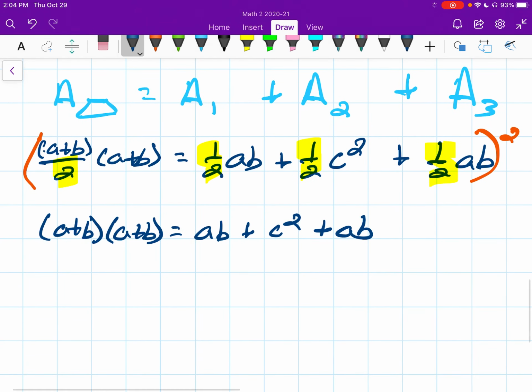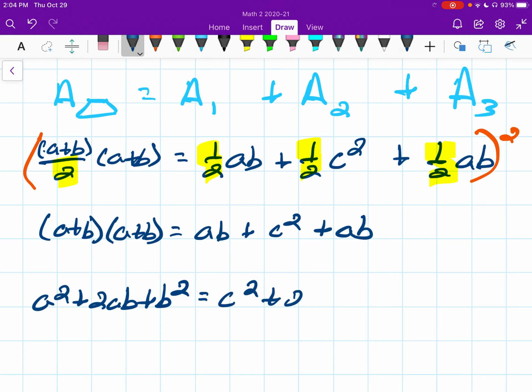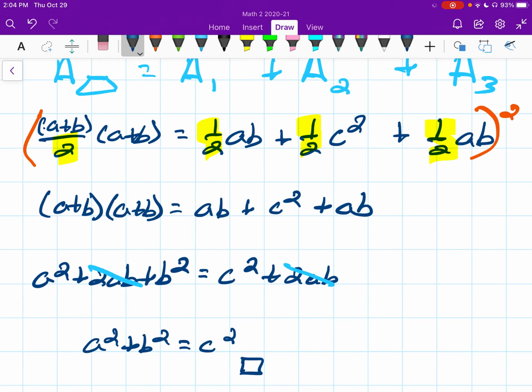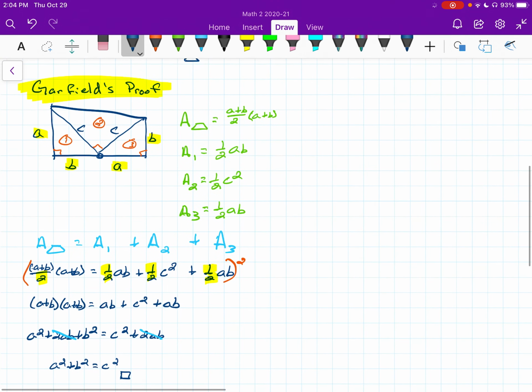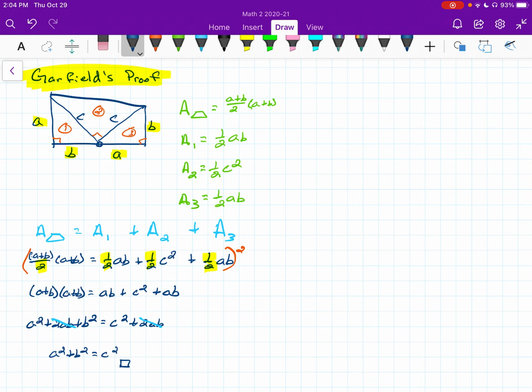Now, if we distribute out that left side, we're going to have a squared plus 2ab plus b squared. And if we combine like terms on the right side, we're going to have c squared plus 2ab. Just like last time, we have 2ab on both sides and they can cancel. And we have a squared plus b squared equals c squared. And we're done. Alrighty, there we are.